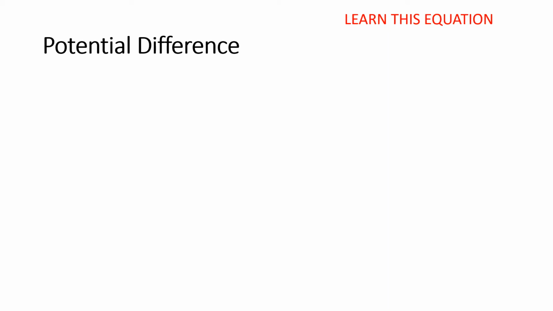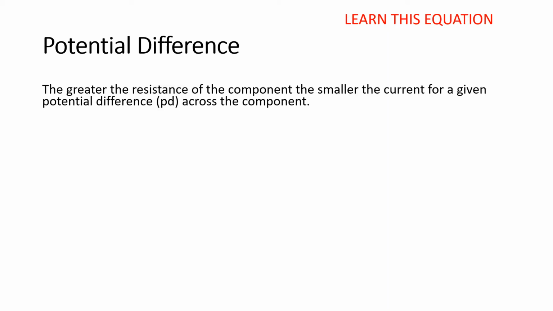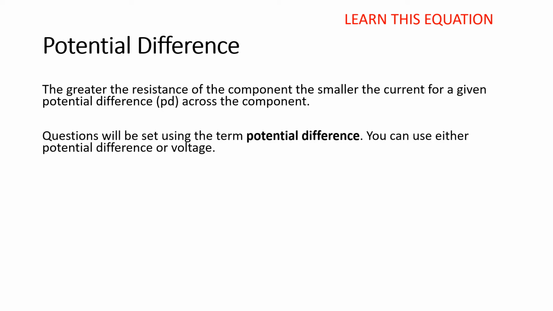Potential difference pushes the charges round the circuit, and the current depends on how big the resistance is and how big the potential difference is. And we can work this out using the equation potential difference equals current times resistance.